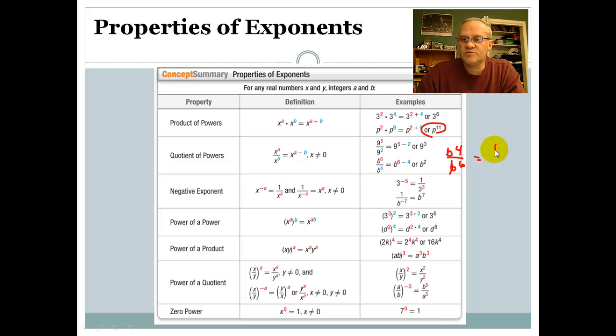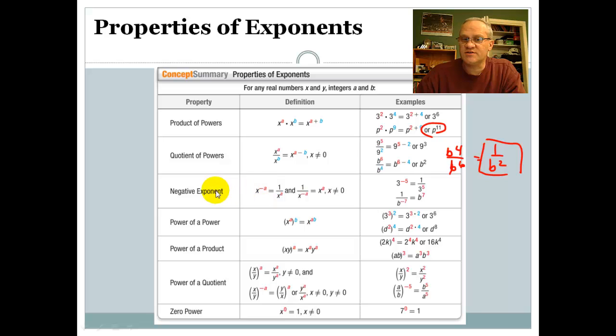Then this would be 1 over b squared. So you'll still subtract them, but the exponent will be positive, how you want to have it, because no negative exponents. In this case, the b squared will be on the bottom. If you did 4 minus 6 is negative 2, that would be on the top. Then you'd have to flip it to the bottom to get this 1 over b squared.